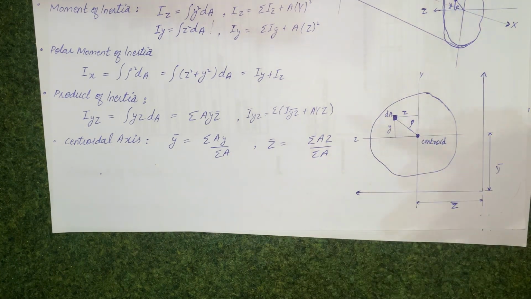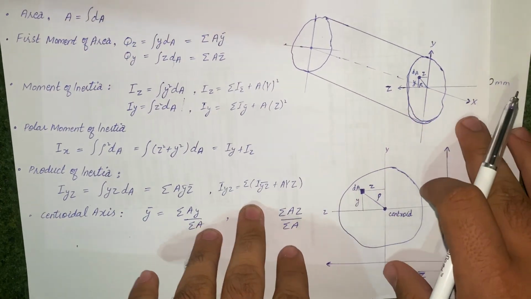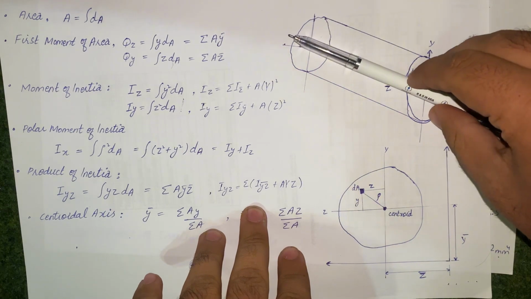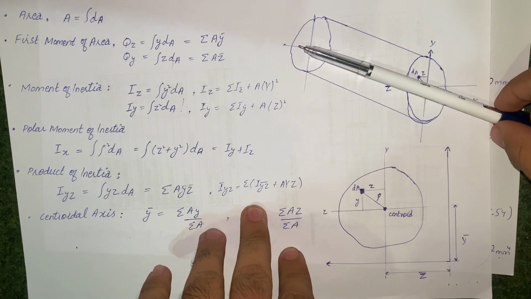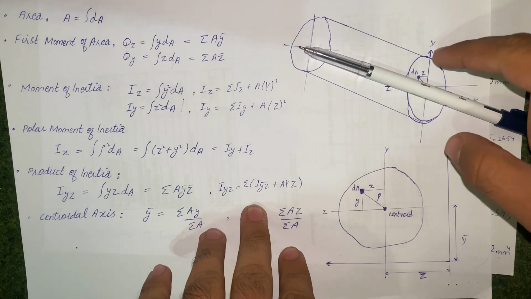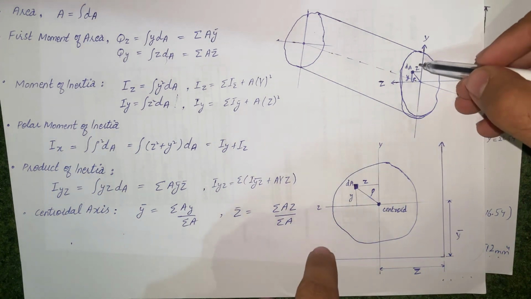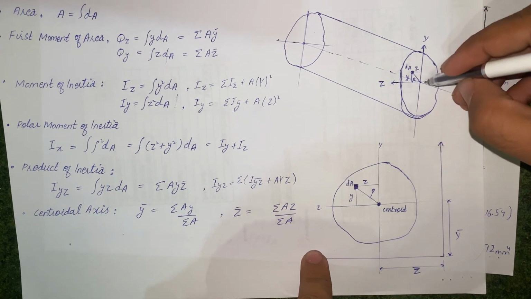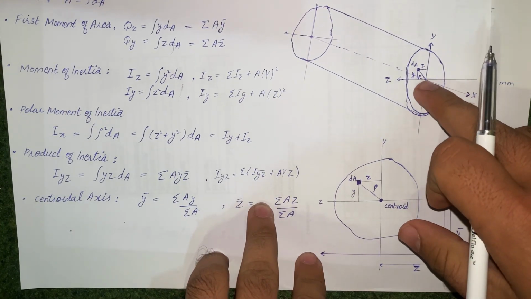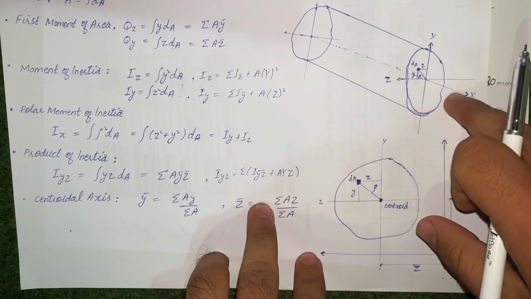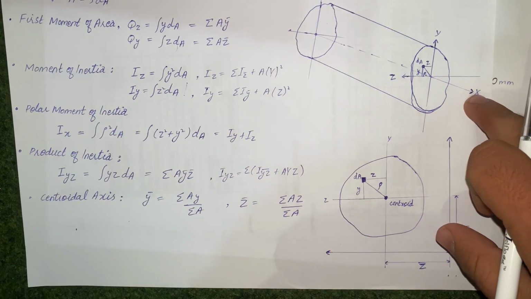But in the case of polar moment of inertia, if I consider this 3D diagram, it can only be found about the axis that is perpendicular to this cross section. In this case, that axis is the x-axis. So the moment of inertia found with respect to the x-axis is called the polar moment of inertia.